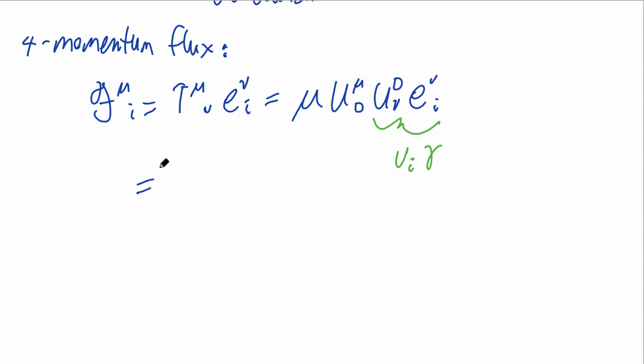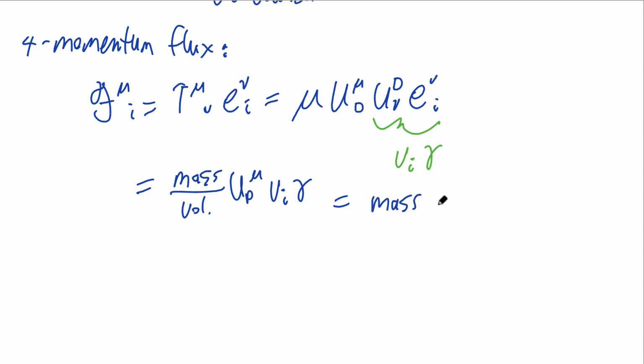So we can write this as, again, M is just the rest mass per unit rest volume, and that's times u of dust times V^I gamma. And let's regroup these terms a bit. This is the mass times the dust four velocity, and that will give the four momentum, times V^I divided by the volume over gamma.